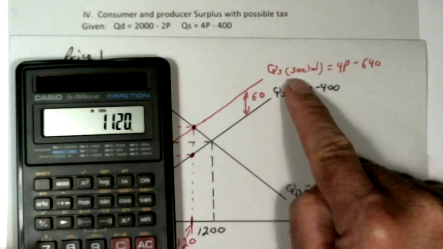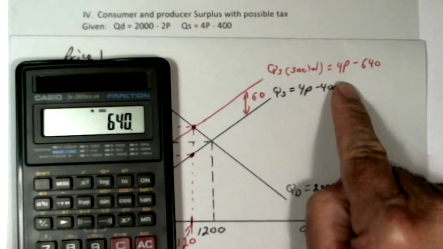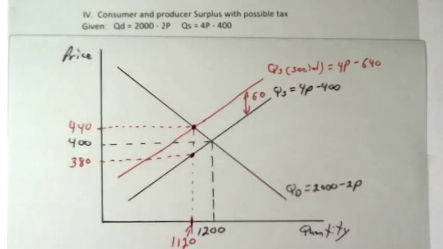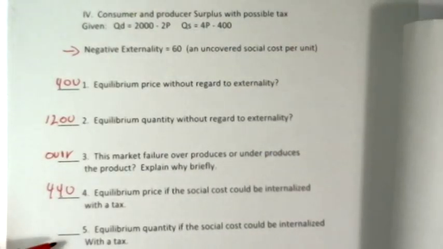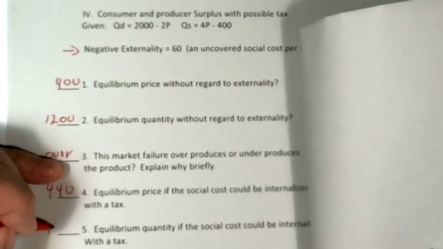So if you take the 440, multiply it by 4, and then subtract 640 from it, you also get 1120, so that's correct. So the answer to the question, equilibrium quantity if the social cost could be internalized with a tax, is 1120.